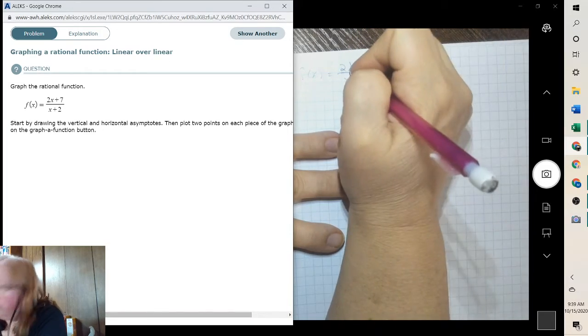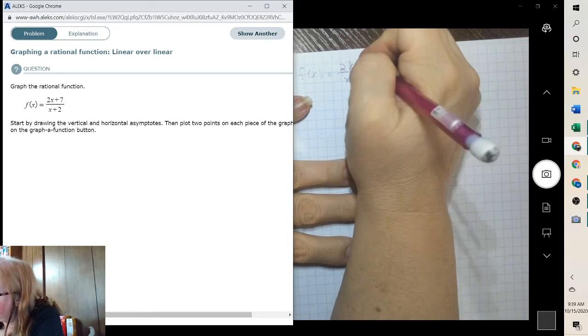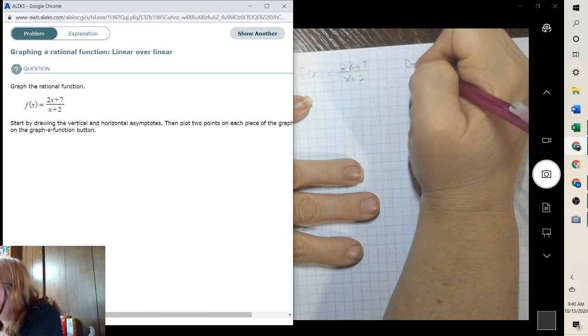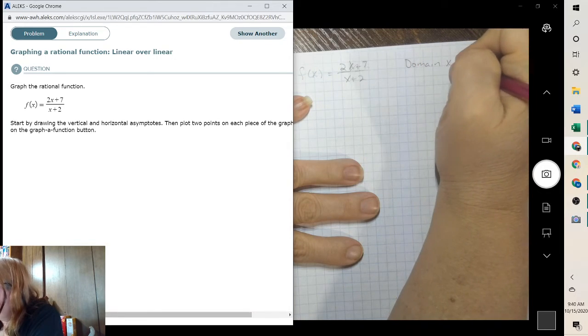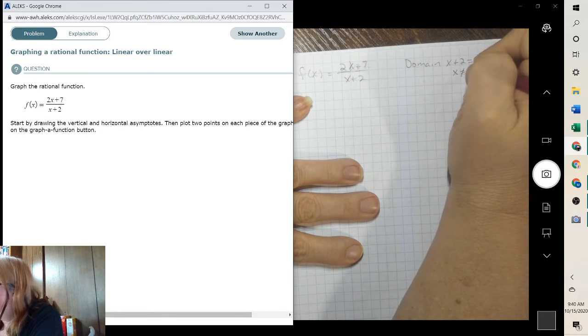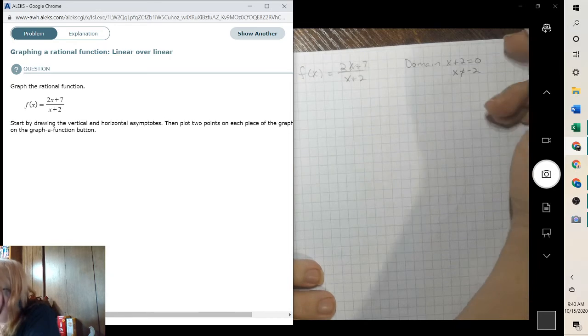So our domain. Look at the denominator and find out what will get you 0. And that's -2. So the domain is anything except for -2.